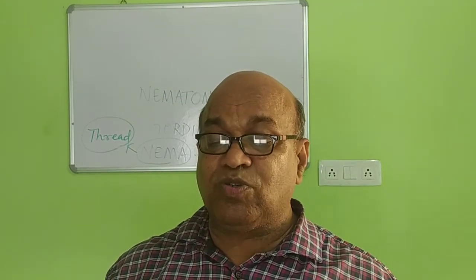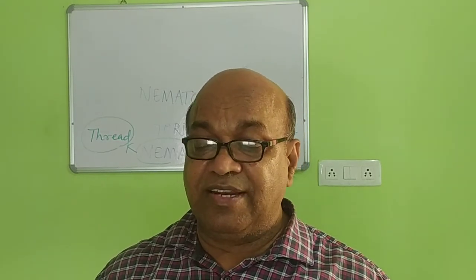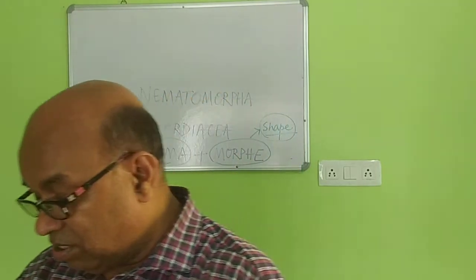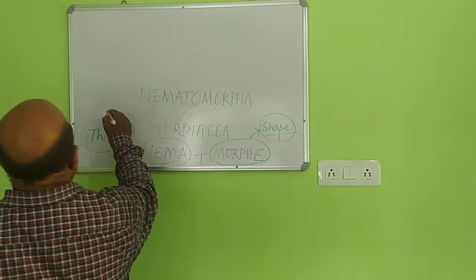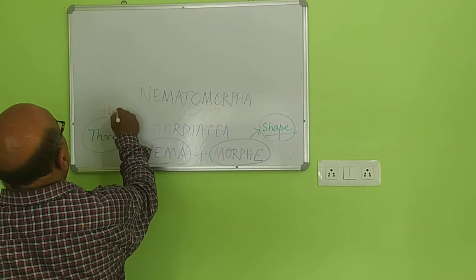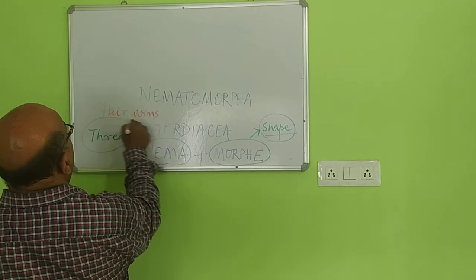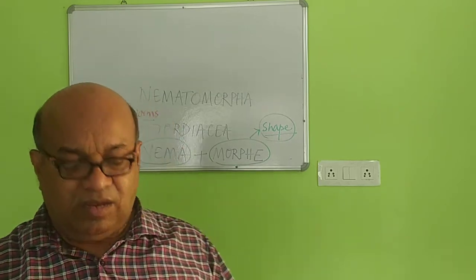Usually these worms are found in freshwater ponds, pools, ditches and streams. They are considered the horsehair worms. The horsehair worms are known as Nematomorpha.